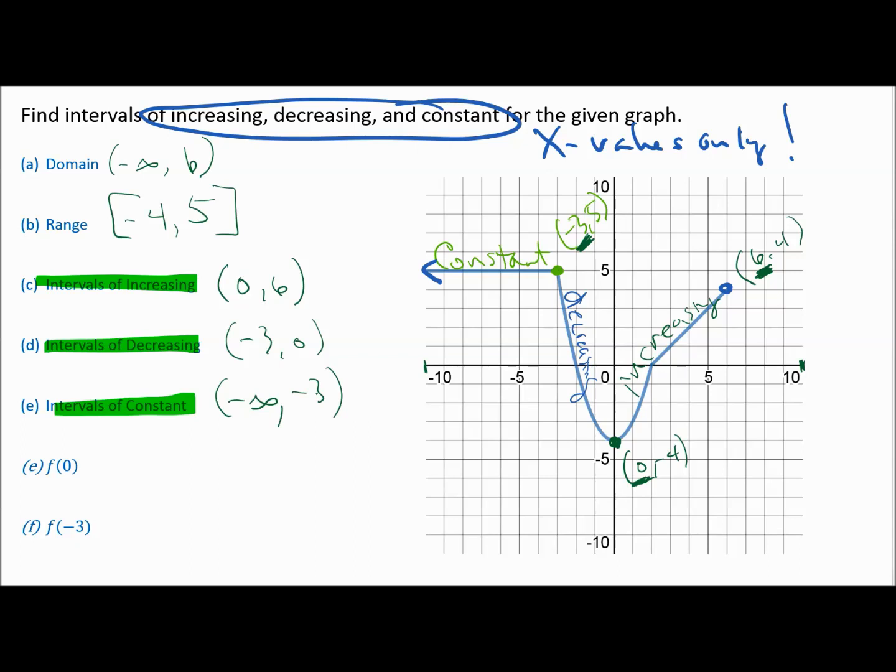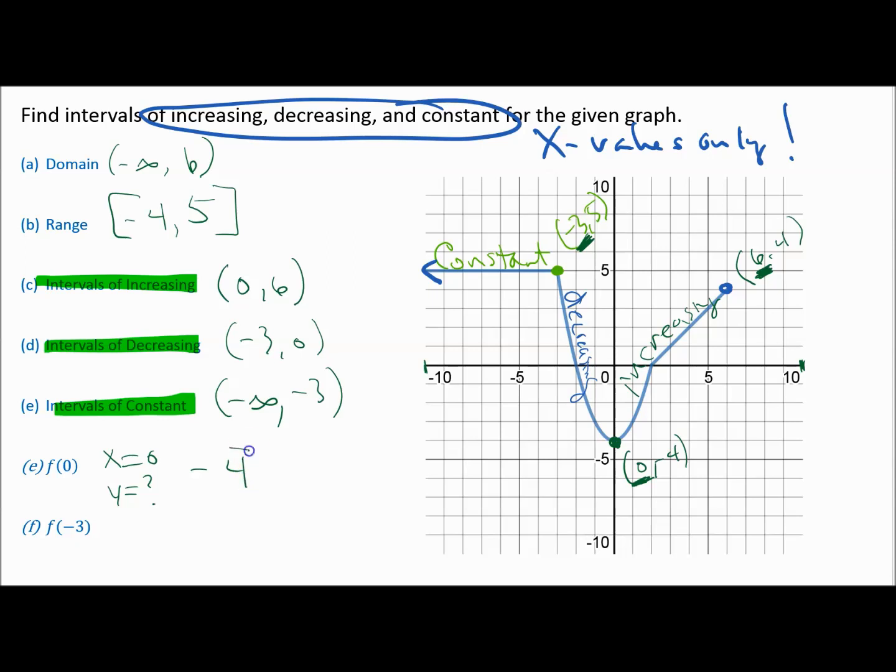Now, for 2 questions you already know how to do. F of 0. So when I go and look at 0, remember that's an x value. So if x equals 0, I'm asking you what is the y value. So if I go to x is 0, that's right here, the y value is -4.